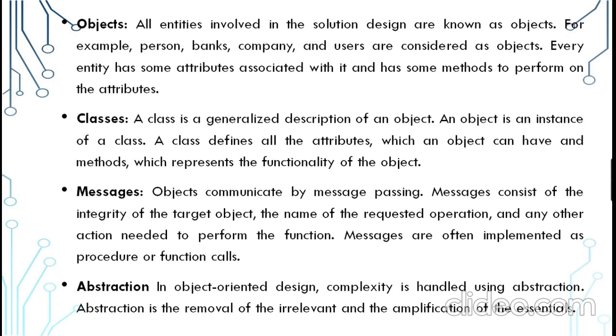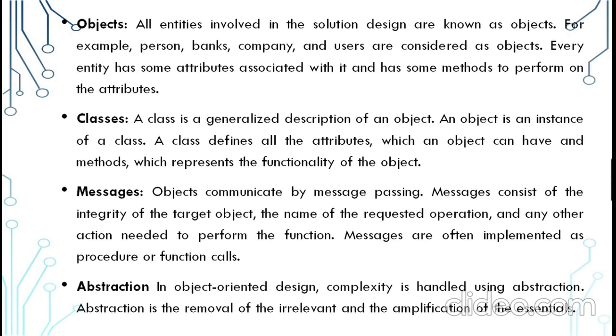Message. Messages are used to communicate with the objects, or we can say objects communicate by message passing. A message consists of the identity of the target object, the name of the requested operation, and any other action needed to perform the function.